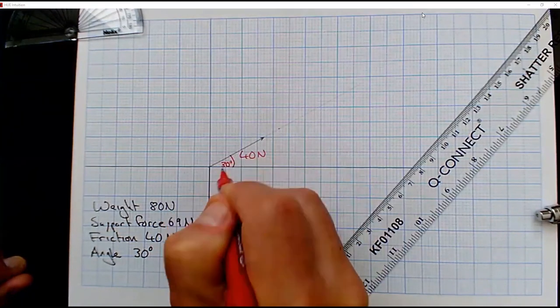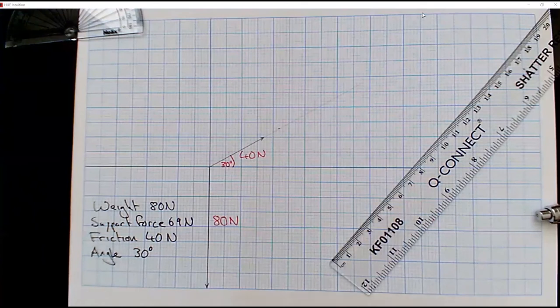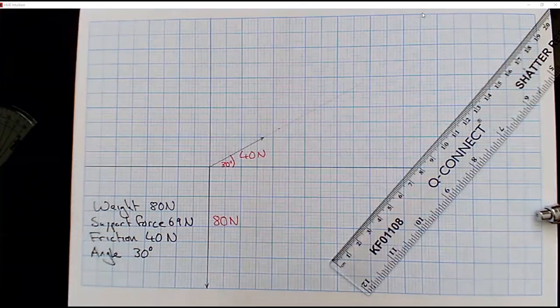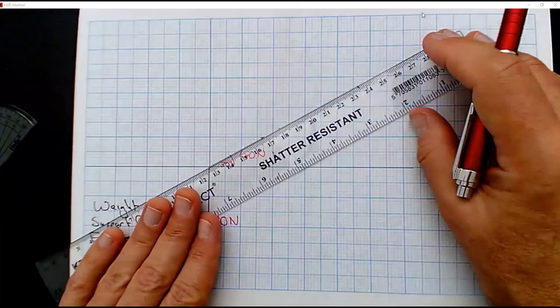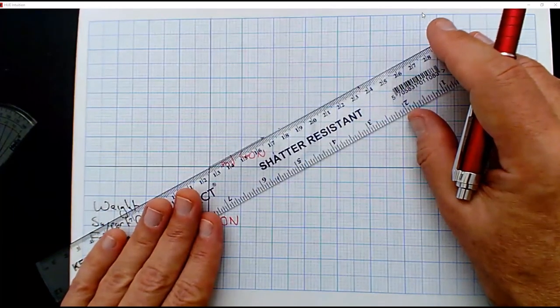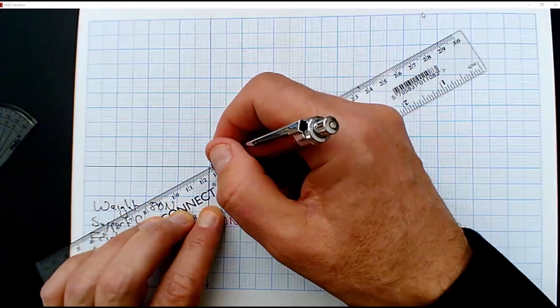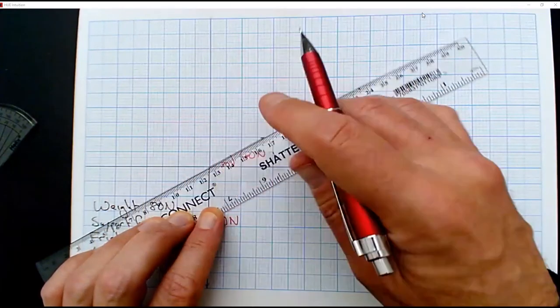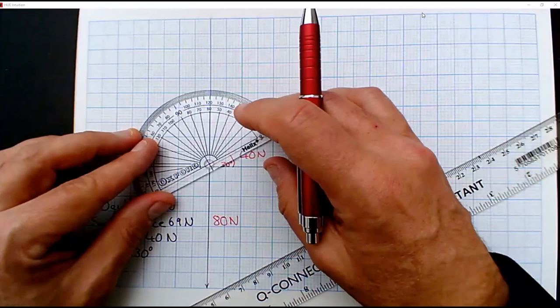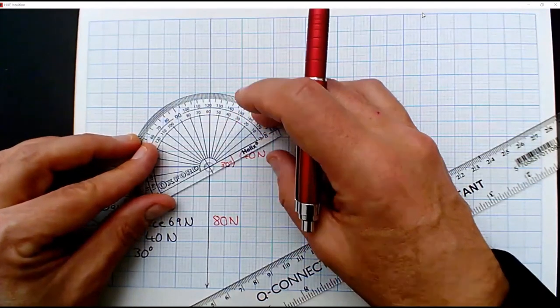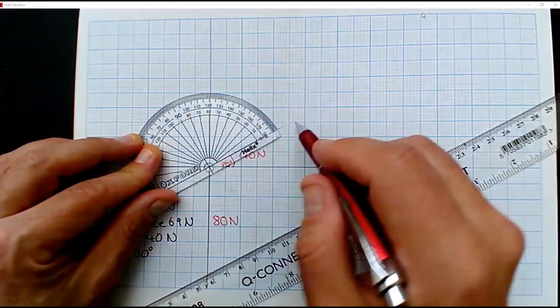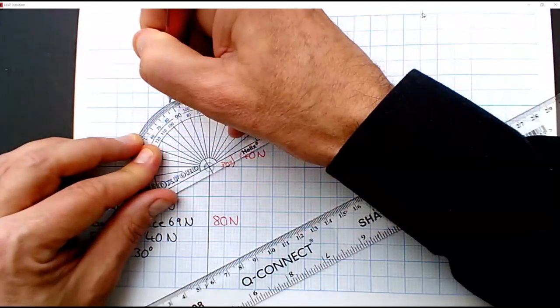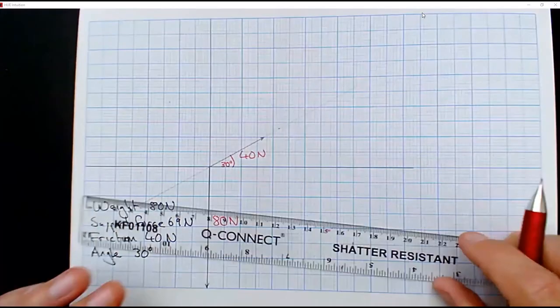So that ends actually just there, and again we'll label those quantities, that is 40 Newton, and we know that's 30 degrees. And then finally we need to put the support force on. Now we know that the support force is at right angles to the slope, so it might actually be quite helpful just to extend the slope backwards, even though we know in reality the slope will stop when it reaches the horizontal. It just helps us with using the protractor. So let's place the protractor on there, and we want to mark off 90 degrees relative to the ramp because that's the direction in which the support force acts.